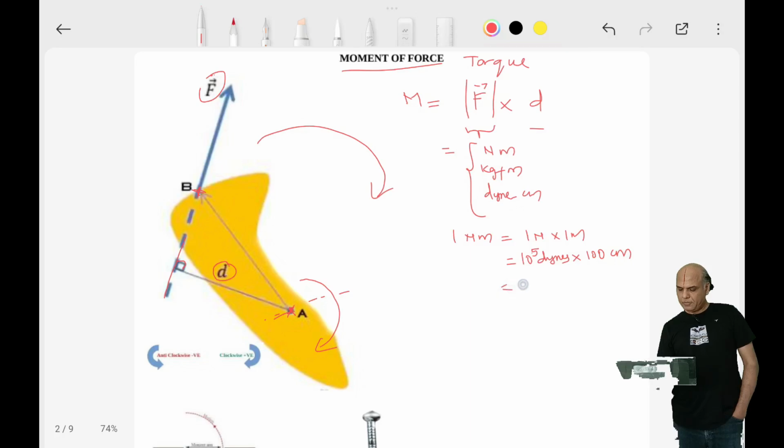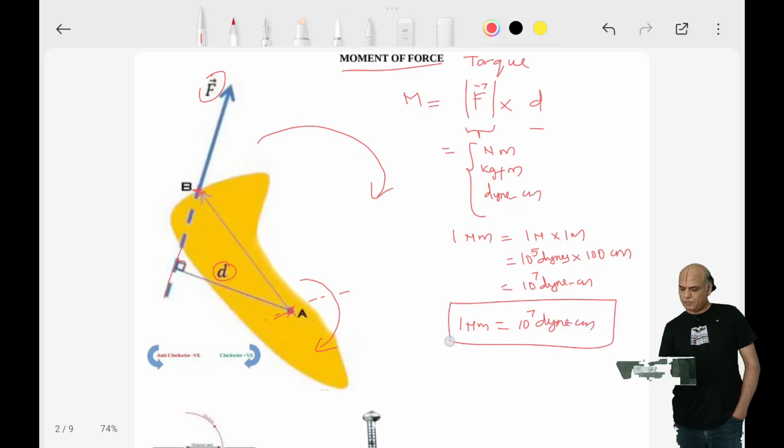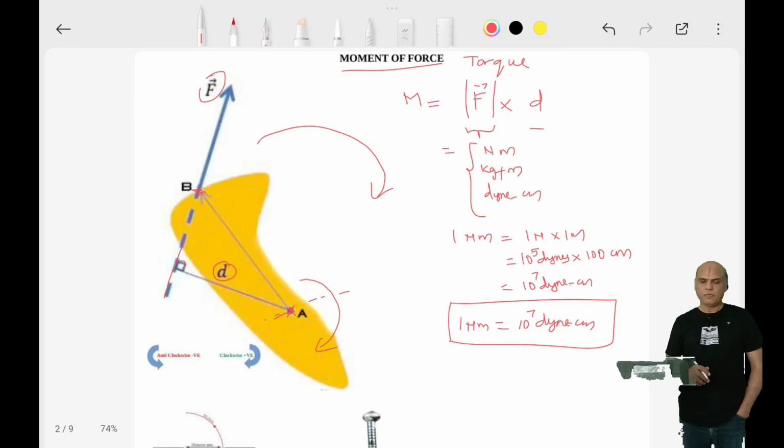So this is nothing but 10 to the power 7 dyne centimeter. So 1 Newton meter, if you convert in CGS units, is 10 to the power 7 dyne centimeter. Okay.